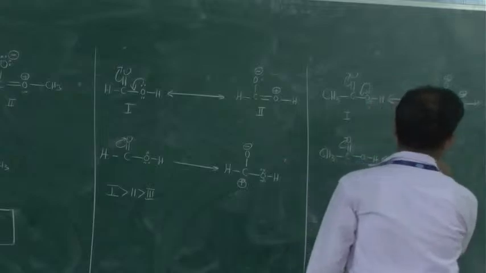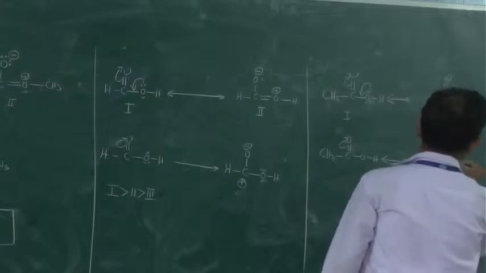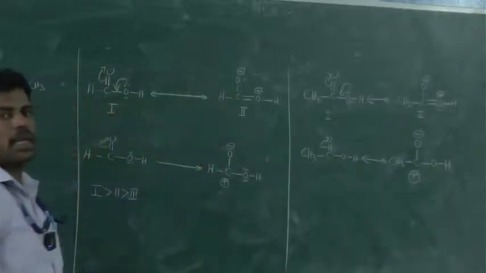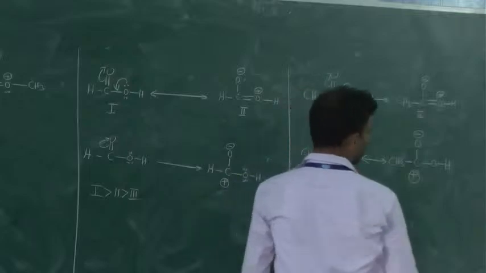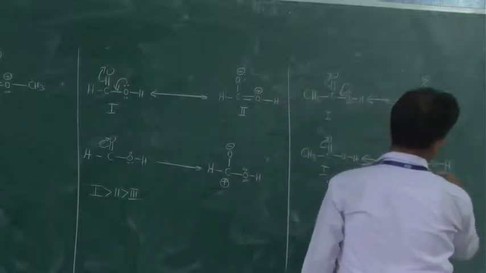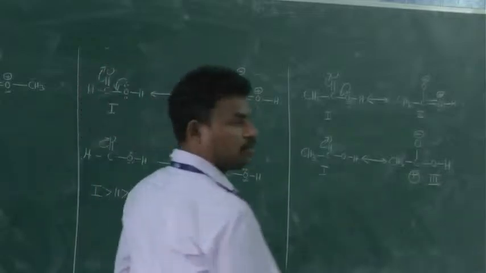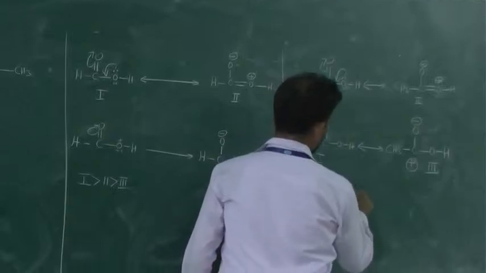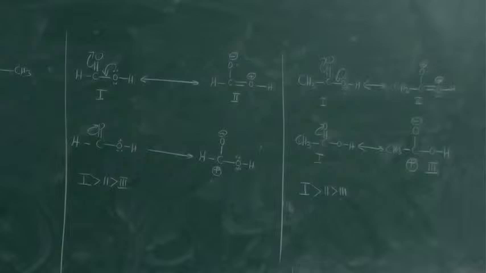So we take CH3, O negative, this is positive, this is OH. So these are the 3 resonance structures possible. Among these, the first one is obviously more stable, followed by the second one, followed by the third one. Is it clear?